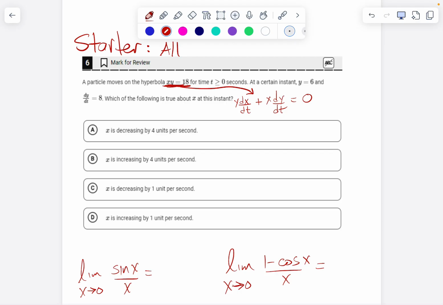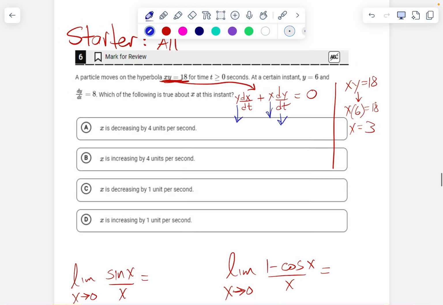So what else can we do to plug in stuff that we can leave to solve? Yeah, so if we take this and we plug in that y is 6, then we can see that at that point x is 3. Okay? And now we have enough information to plug in everything except for dx dt, and then we can solve for it.